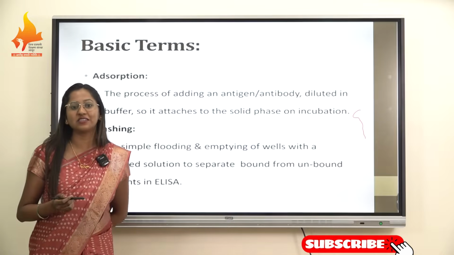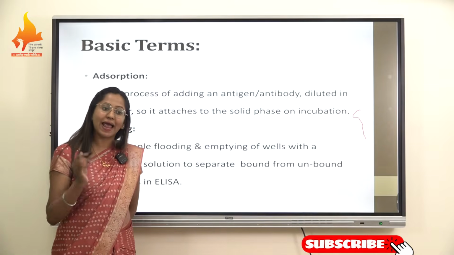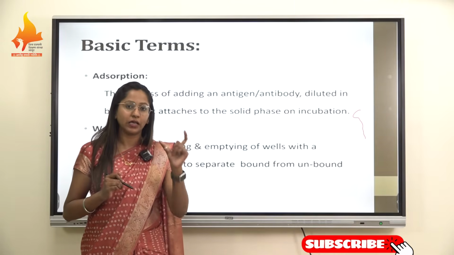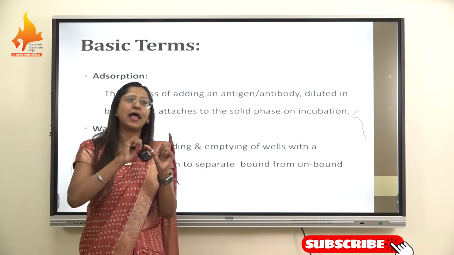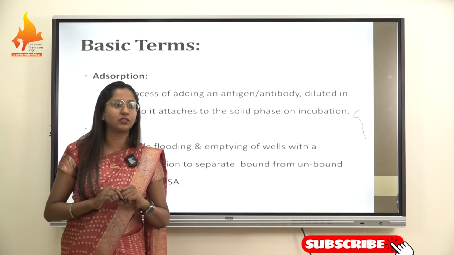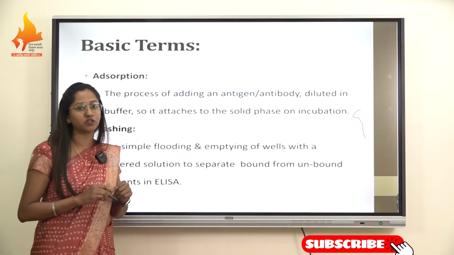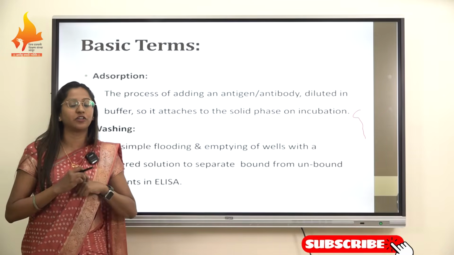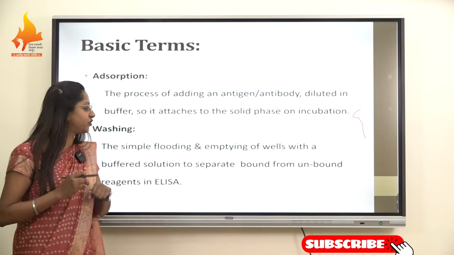What happens in this case is that when you add either antigen or antibody to the microtiter well plate, in that particular well either the antigen gets attached or the antibody gets attached. This is called what? The adsorption process. Adsorb means on the surface it is attached. It is not absorbed, it is attached.